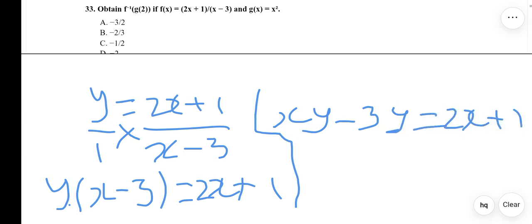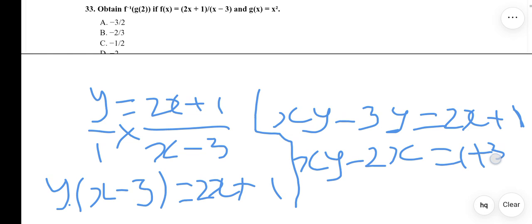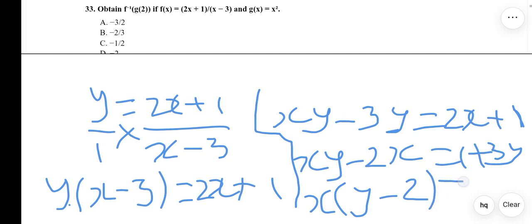Remember, we are making x the subject of the formula, so everything that is having x will come to this side. So we have xy, this one too is having x, but it will change to minus 2x. This 3y will come here, it will change to plus 3y. So x is common here, so we have this one remain y, this one remain 2. Then I have 1 plus 3y. So with this now I have x into bracket y minus 2 is equal to 1 plus 3y.